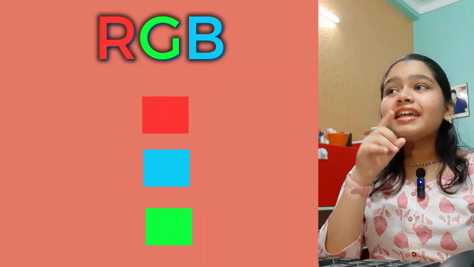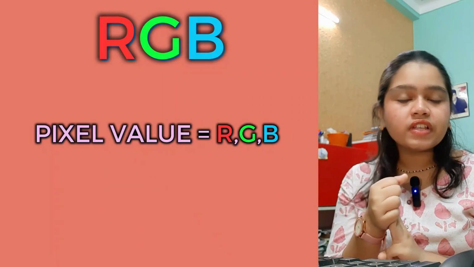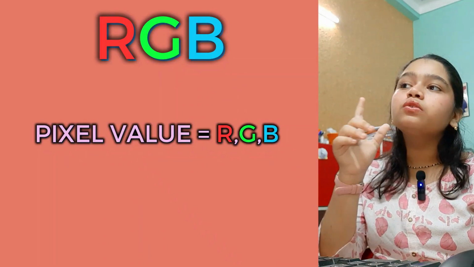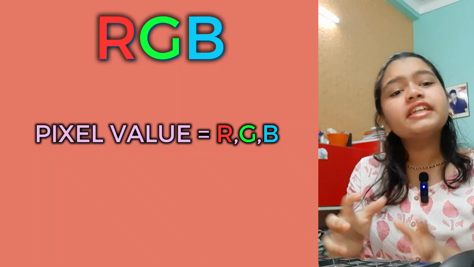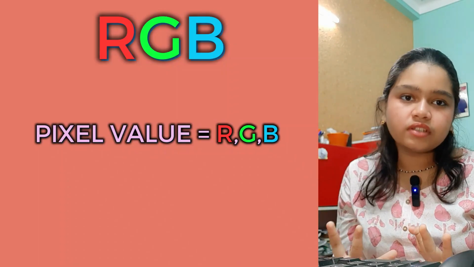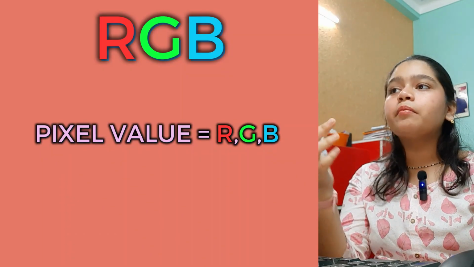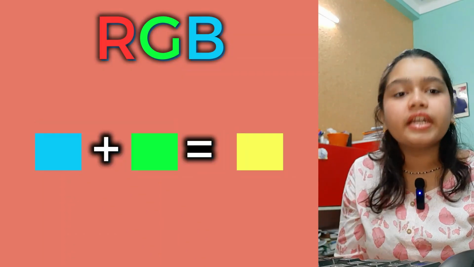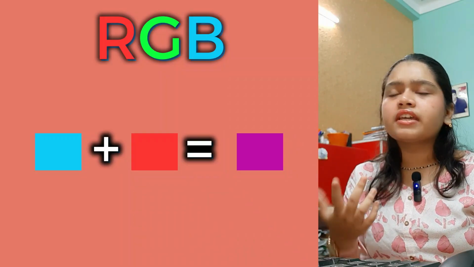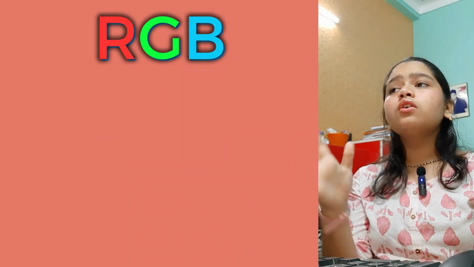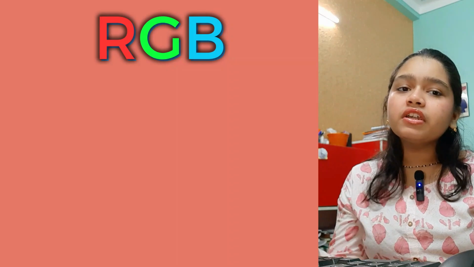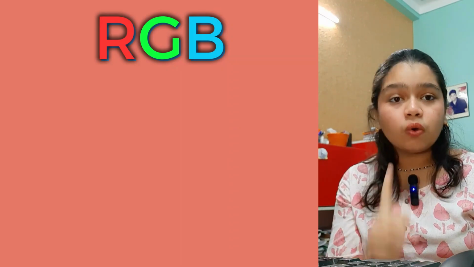Each pixel will have these 3 values, and using these 3 colors we can create any color. We already know this. By mixing green and blue we create cyan, blue and red, I guess, we make magenta. So like this we can create different colors using RGB only.